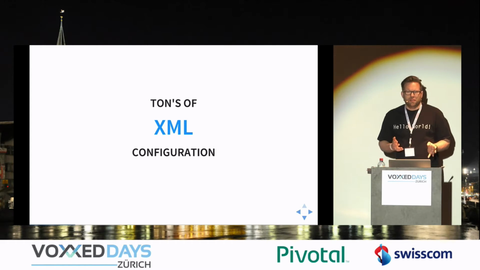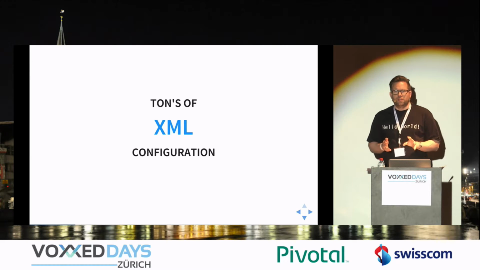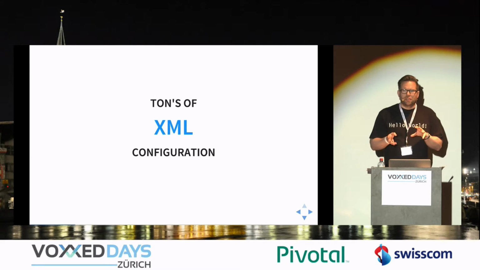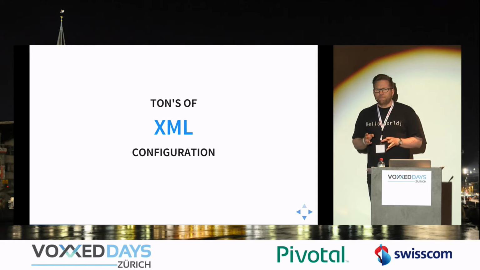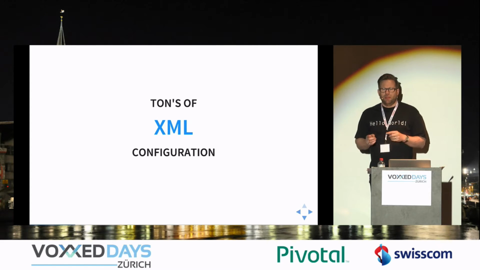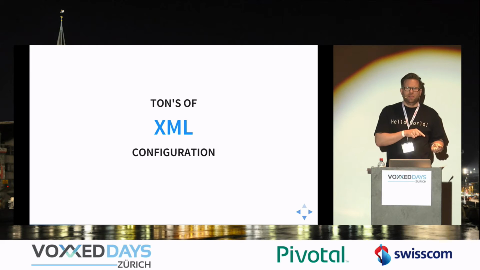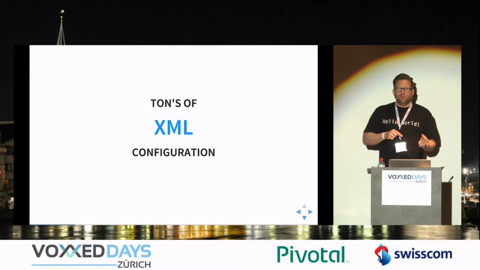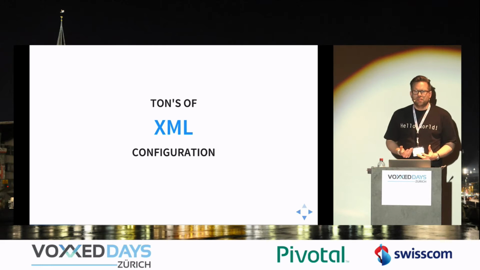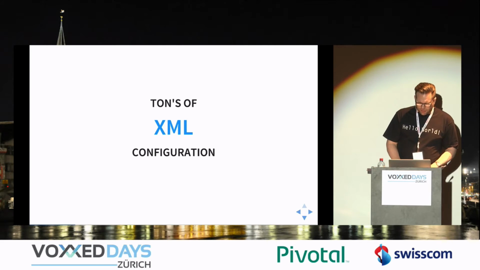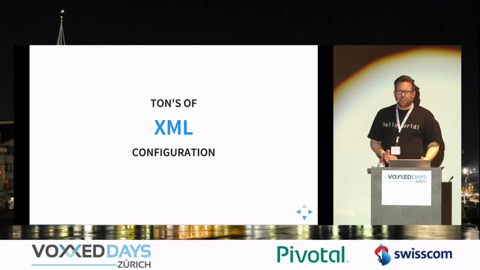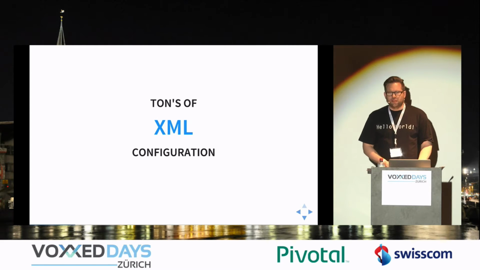I think yesterday or the day before yesterday, I read something on Twitter that now JMeter includes Groovy to be able to use scripting. But then how is Groovy stored within the XML? And I don't know if I want to use this or if I want to maintain this. And I think we can do it better today than using this old XML stuff.